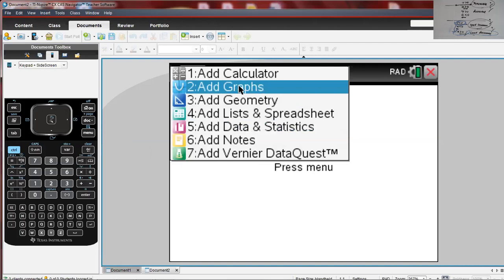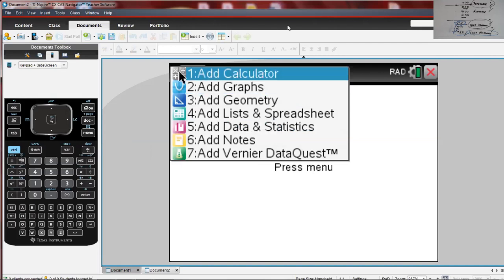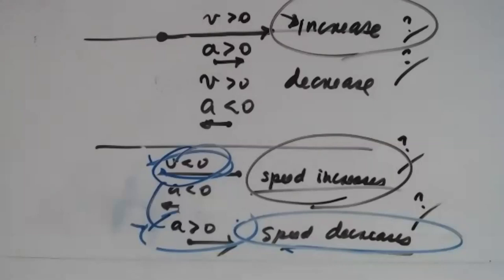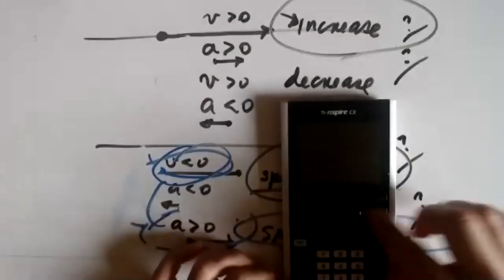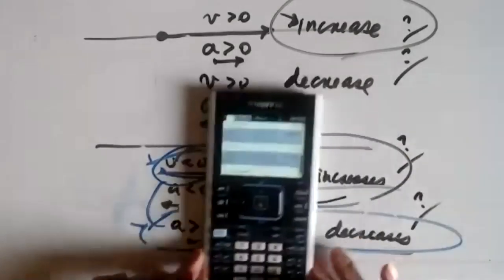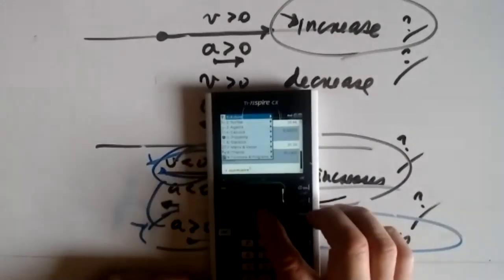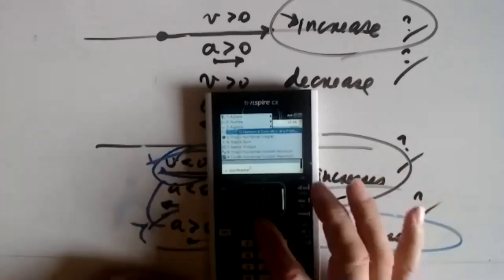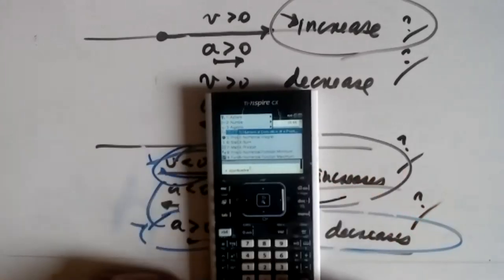Voy a ir a la oficina para comprarme uno. No, no es el CAS. Bueno, aquí tengo yo una CAS rápida. Chiquita. Una CX.